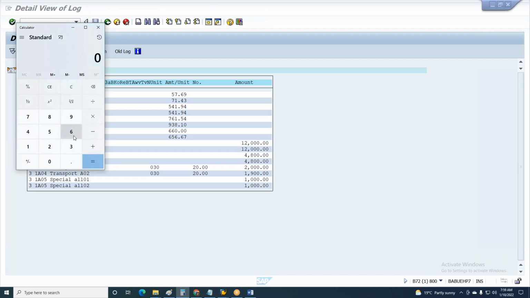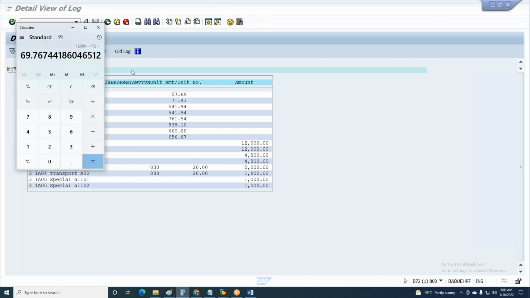In the first split, 12,000 divided by 208, 57.69. In the second split, 12,000 divided by 173, 69.36, 172. 12,000 divided by 172.